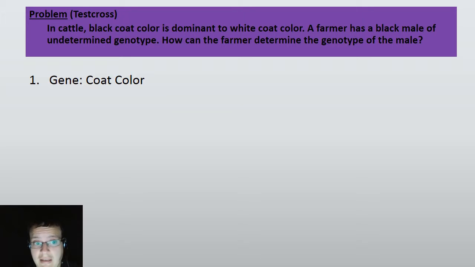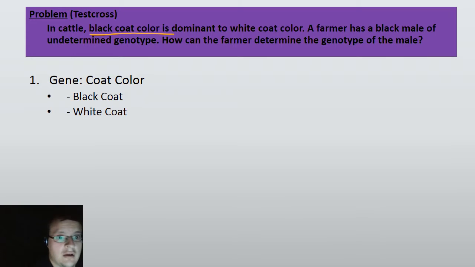So the gene is coat color. We have a black coat, and then we have a white coat. We know that black is dominant, and white must be the recessive from this problem. So I'm just going to use a capital B, and then a lowercase b for this, for the white coat.